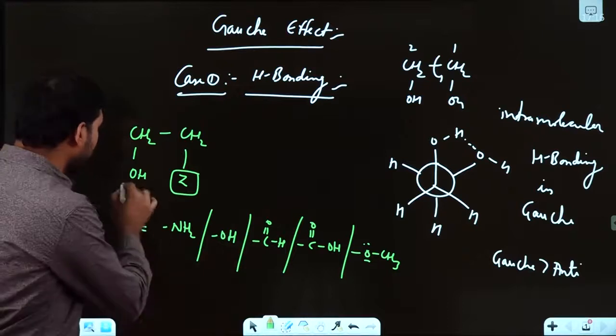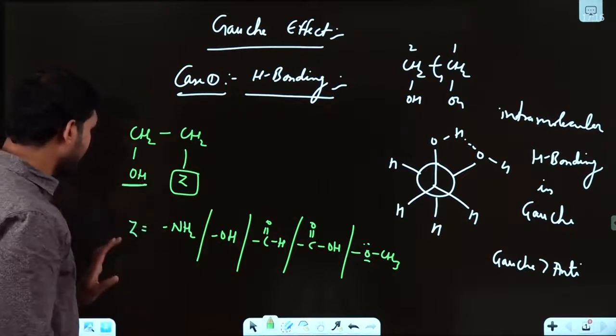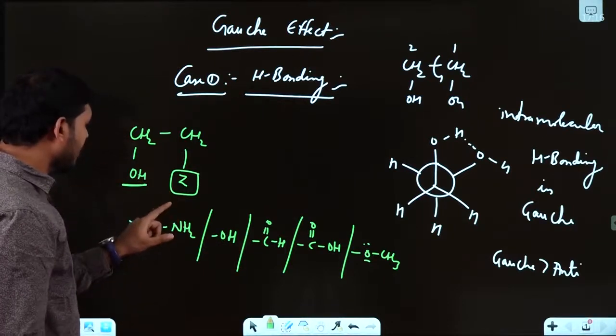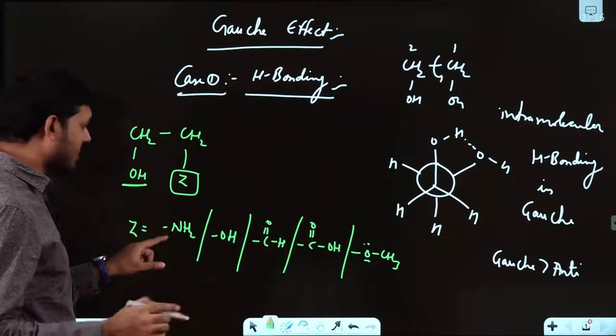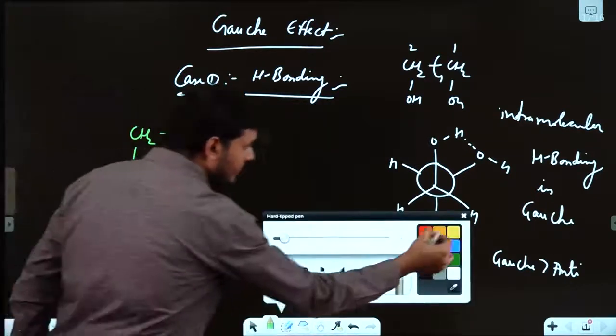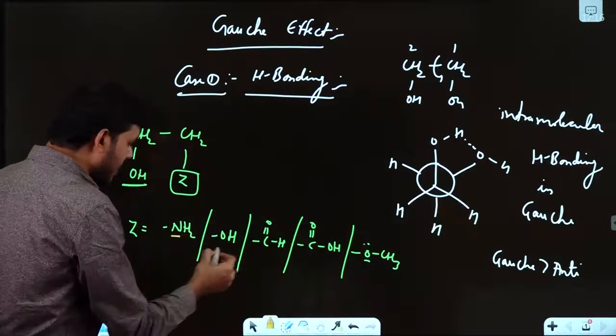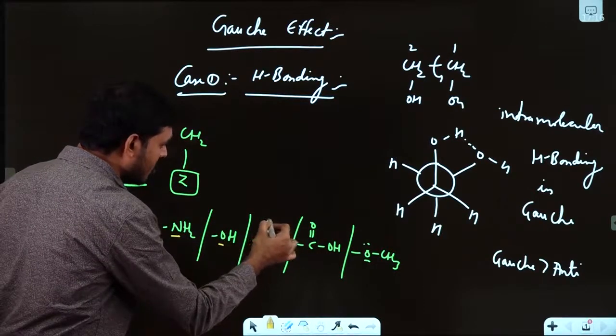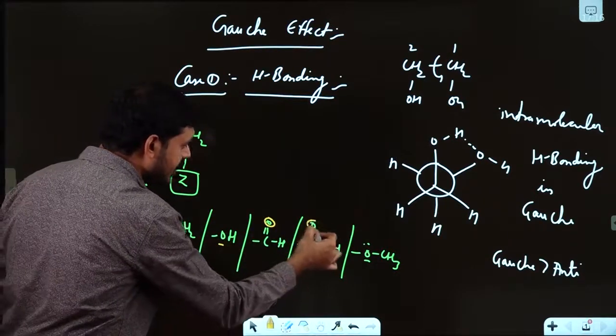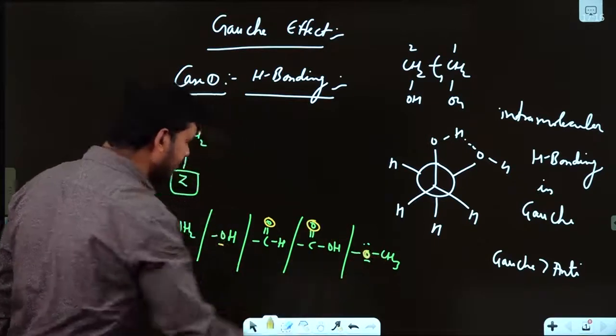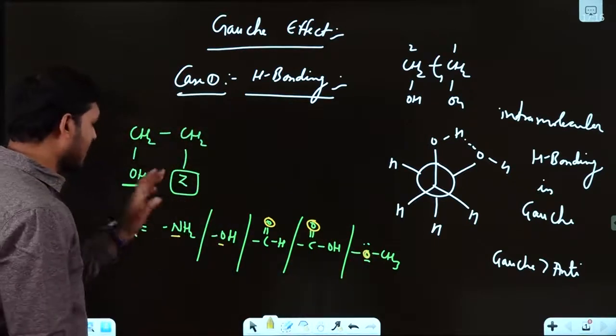Why? This OH is having oxygen and this Z is having a group which is more electronegative. Like here, you can see nitrogen, oxygen, this C double bond O oxygen, or this OCH3 oxygen, right? So these atoms can form hydrogen bonding.